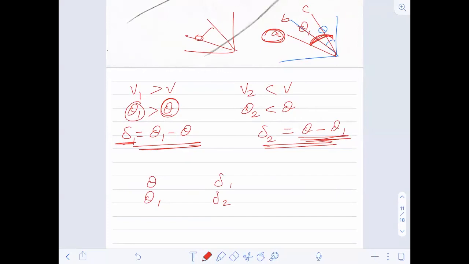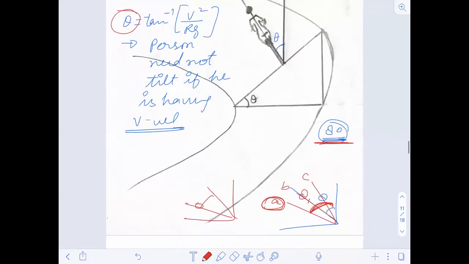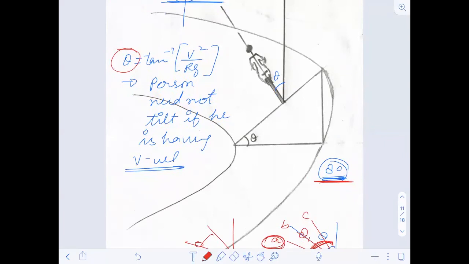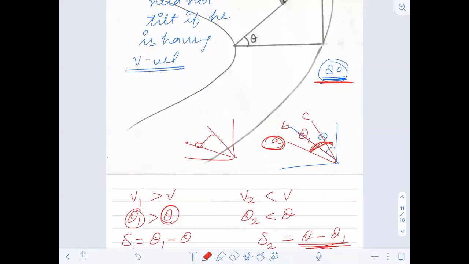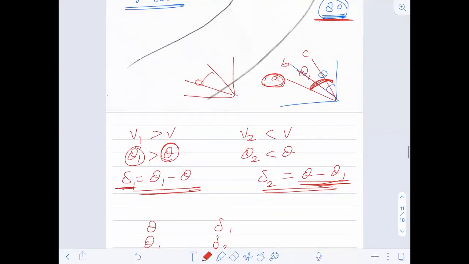For theta, he doesn't have to tilt anything, because if he's traveling with v velocity on this banked road, he need not tilt by any angle. But if he wishes to travel with the extra velocity, he has to tilt delta, not theta 1. Theta 1 will be the angle with the horizontal.